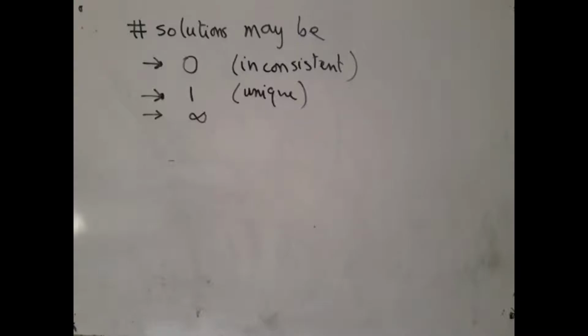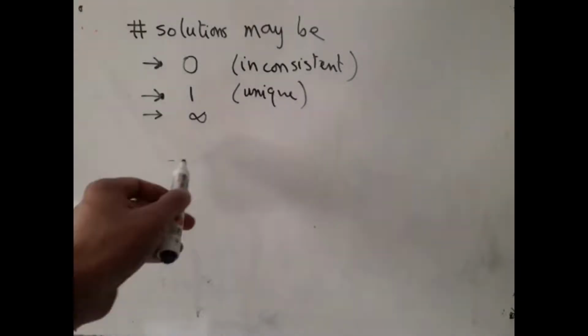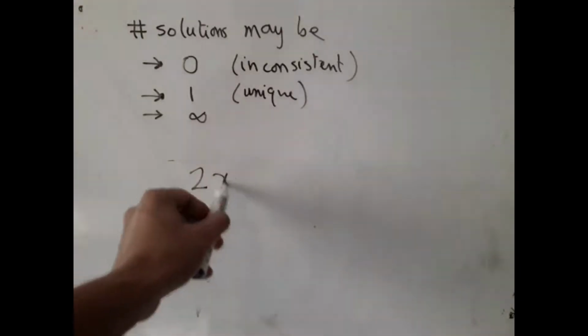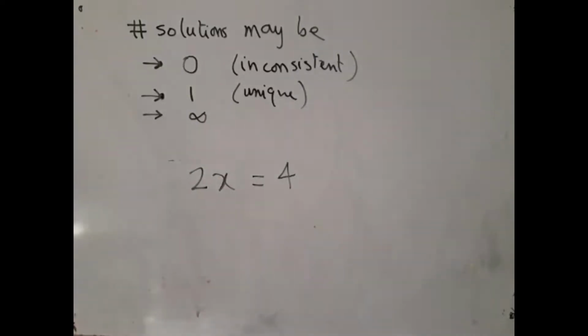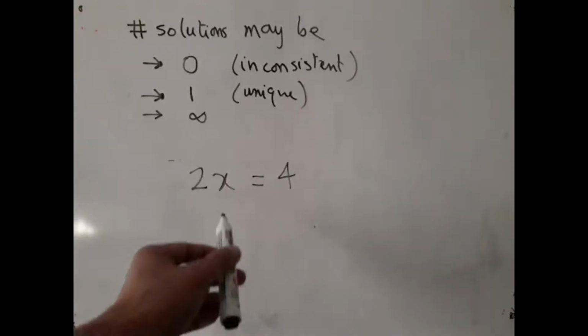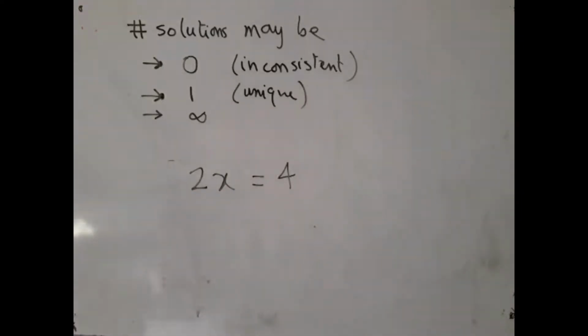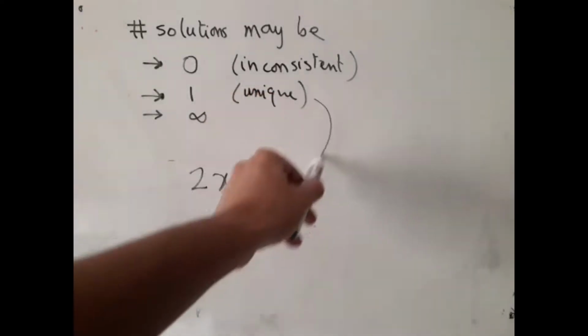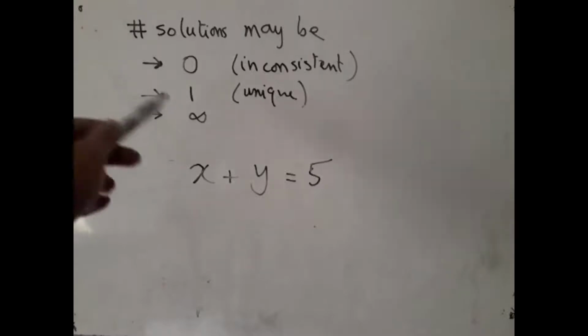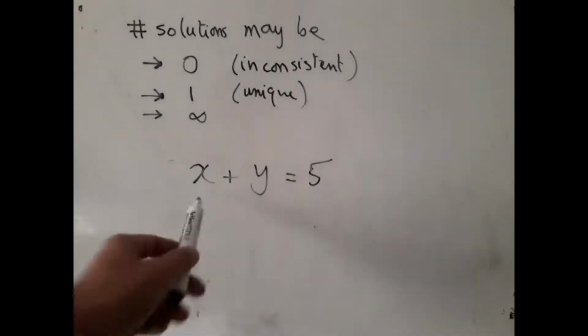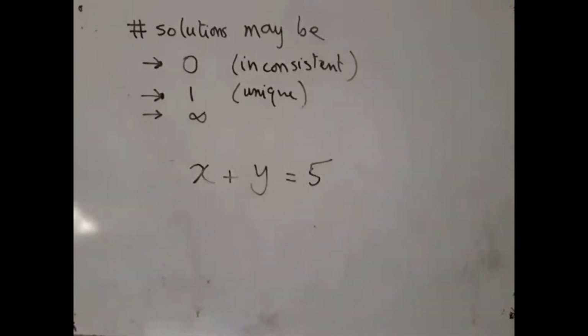An example of a uniquely solvable system is possibly just this: 2x equal to 4. I have only one equation in one unknown and this has got unique solution, x equal to 2. So that is a very simple example. An example where there are infinitely many solutions may be like this: x plus y equal to 5.